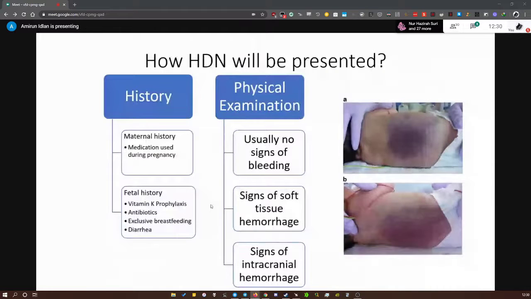For physical examination, usually in vitamin K deficiency bleeding there are no signs of bleeding. However, in moderate and severe cases, there will be signs of soft tissue hemorrhage such as ecchymosis, like you can see in the slide, and signs of intracranial hemorrhage, which we can see if the baby has a bulging fontanelle, neonatal seizure, or apnea.